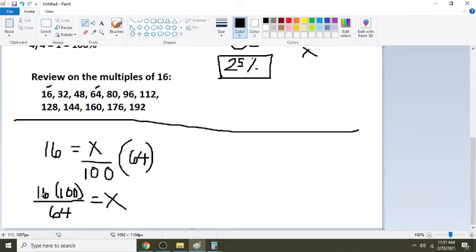You just have to do cancellation. You know that 16 over 64 is 1 over 4, and 100 divided by 4 is 25, which leaves you with 25%, and that is in algebraic notation.